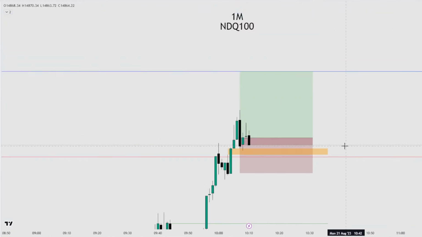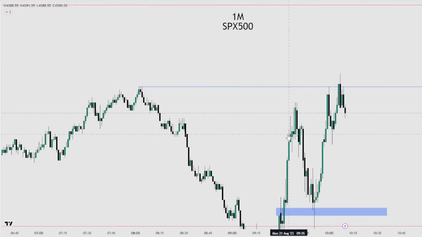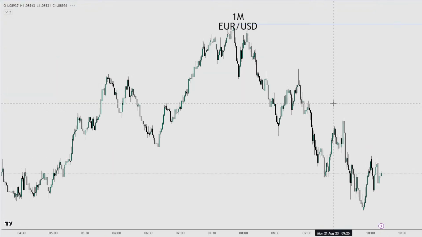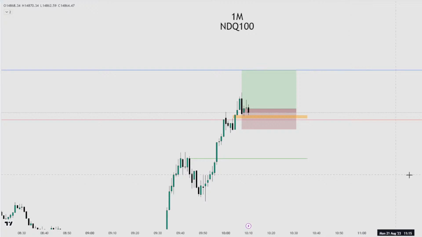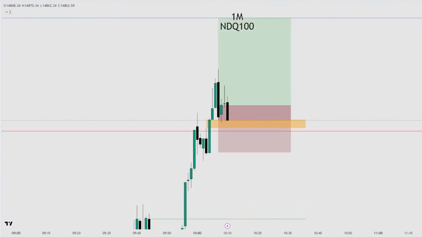Why did you say SPX took lows and highs? Where, let me see. Oh yeah, it did, I see. So we're coming back inside the gap.